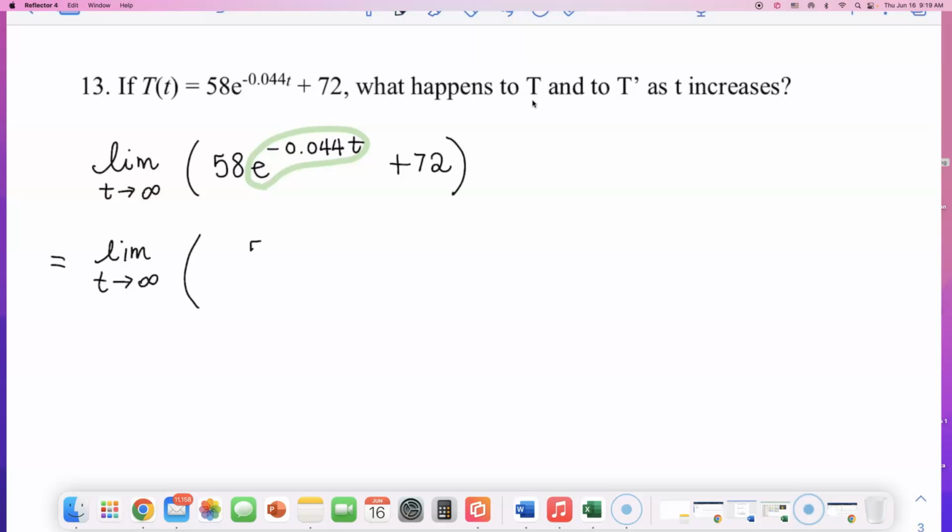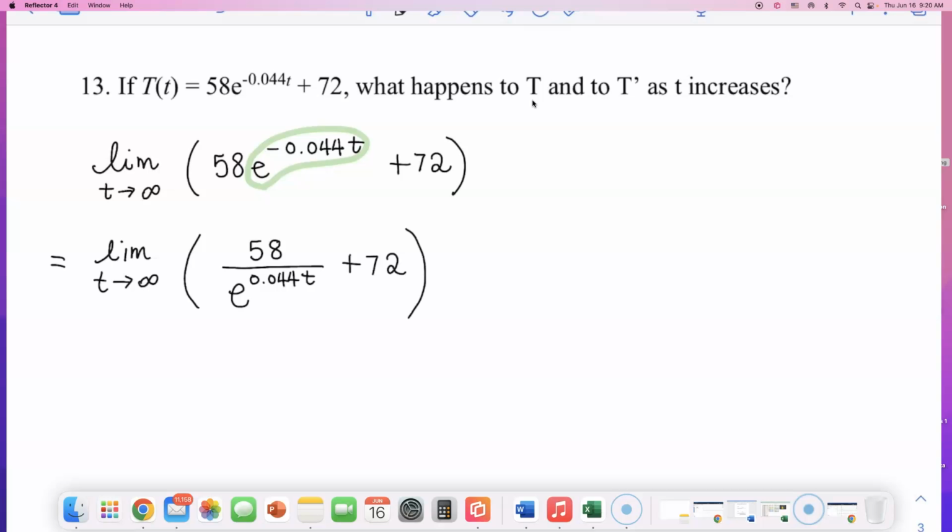Look at this. I can write this as 58 over e to the positive 0.044t, right? We're using that exponent property, plus 72. We can separate that too, but I'll just put 72 here, okay?